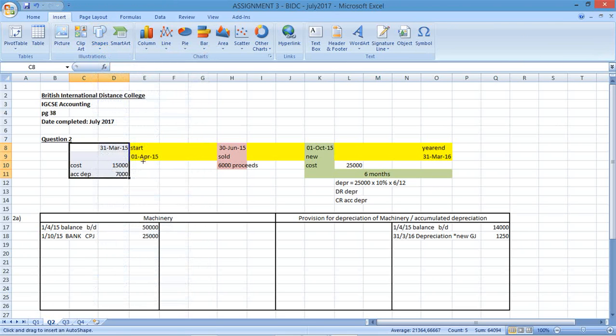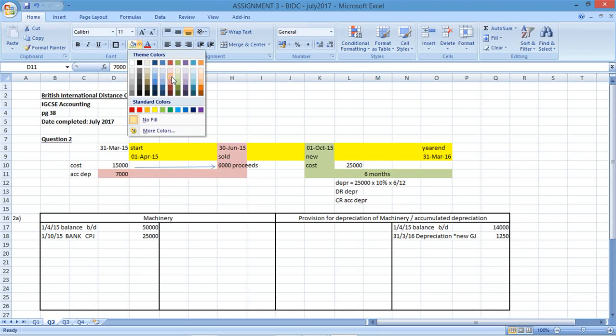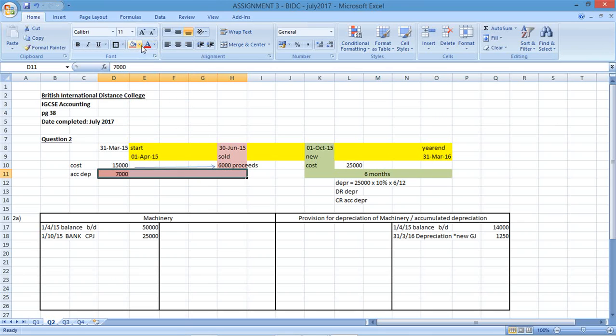So currently the asset's not sitting at the right point in time. I know what it costs and what its accumulated depreciation is there. I need to take that asset to that point in time before selling it, because this is a portion of time that the asset has been used for.